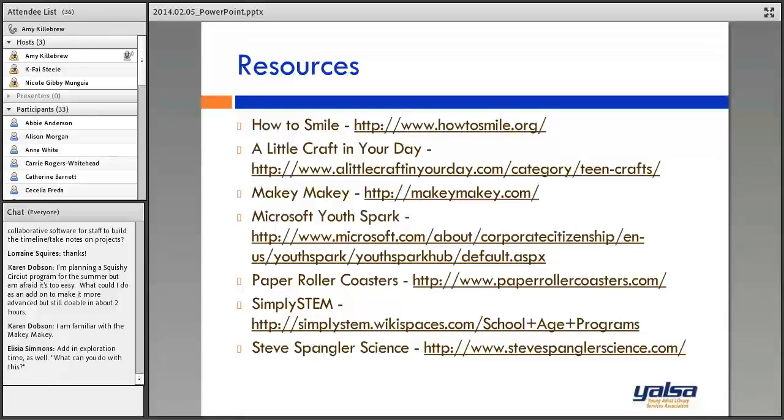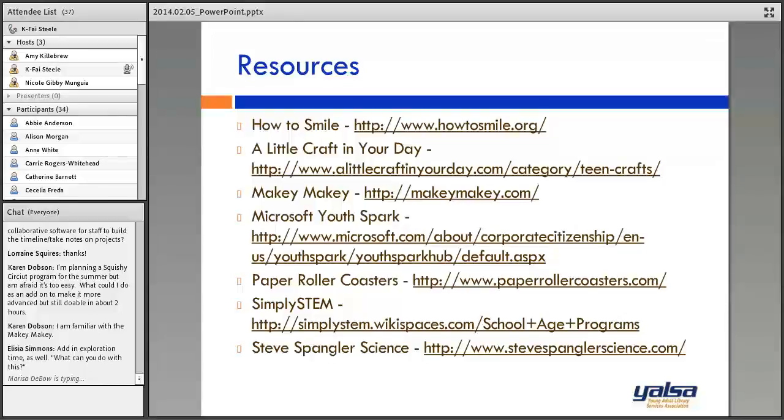I don't really have anything to add here. They're fairly straightforward, and these were things that were recommended to me by the other Make It at Your Library co-founders. I'm not familiar with all of them, but they recommended them. The one that's not listed here is the Library as Incubator project, which I think K-Fi mentioned earlier.